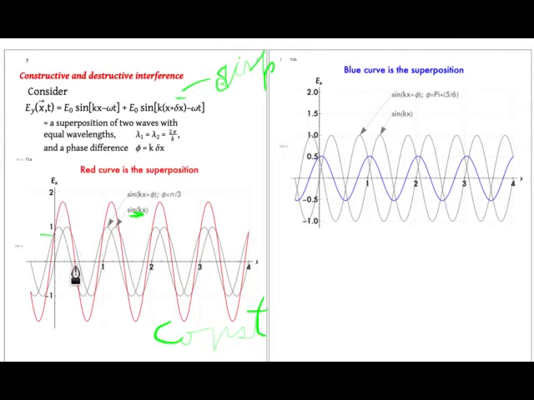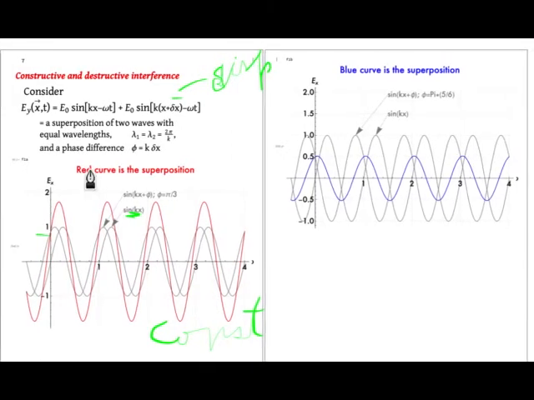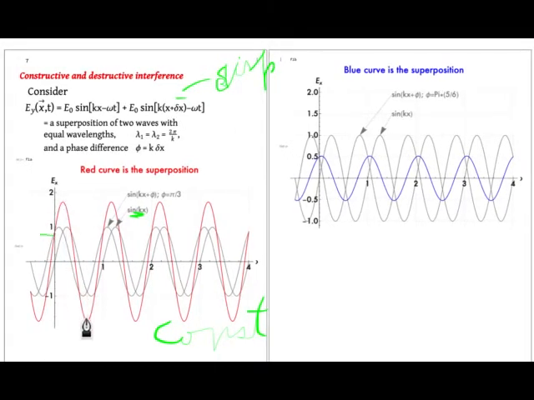Energy transport in an electromagnetic wave is the intensity. So this superposition will have a higher intensity by a factor of approximately 4. If phi were 0, not pi over 3, then the two waves would just be the same wave, and the superposition would just be 2 times either one of the gray waves.